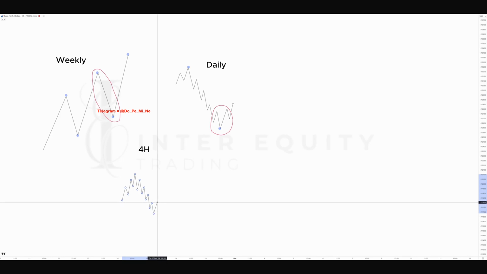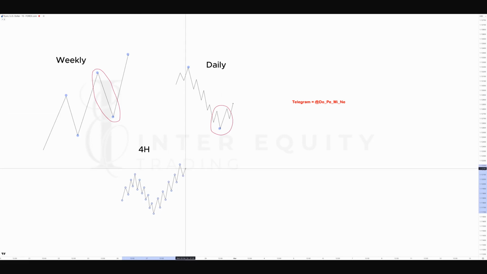And then to create that BOS to the upside, right? Higher highs, higher lows, higher highs, and that break of structure on the daily time frame to the upside is done right here.